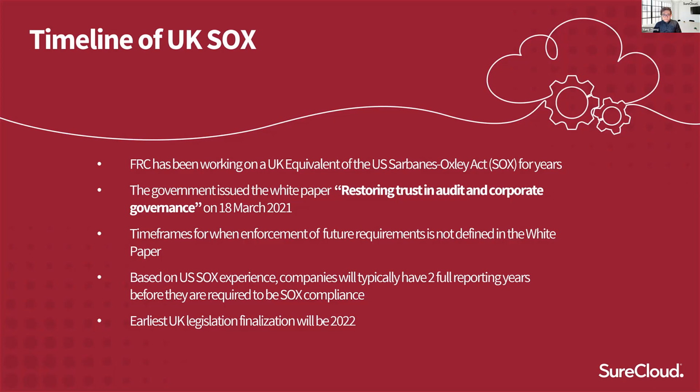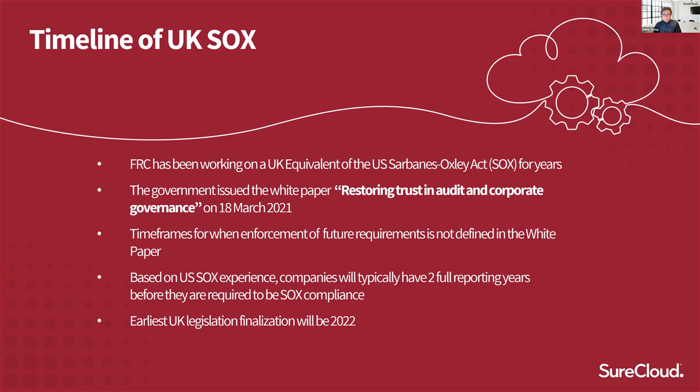So UK is no different. The FRC in the UK has been looking at something equivalent to US SOX for many years, ever since the financial crisis. But the major step forward is only last year on March 18th, when the government issued a white paper called Restoring Trust in Audit and Corporate Governance.